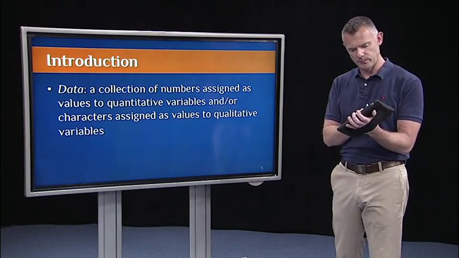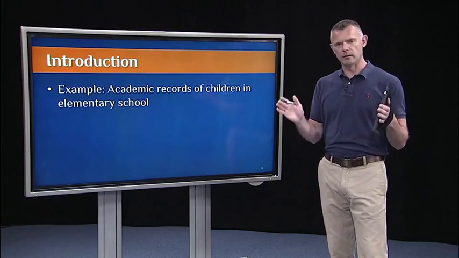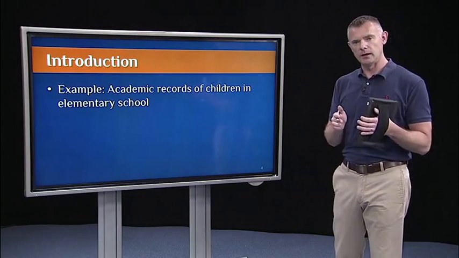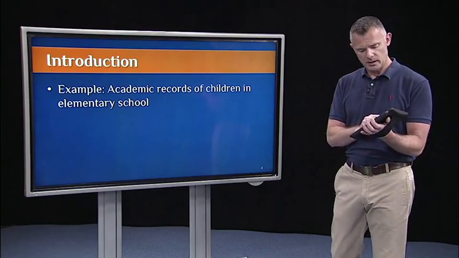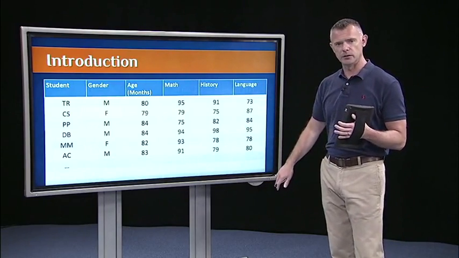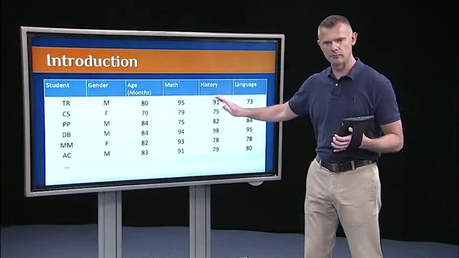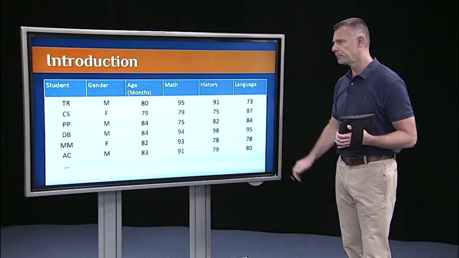Let's look at an example. So consider we have the academic record of a bunch of children in elementary school. And that might look something like this if we organized it into a spreadsheet. Think Microsoft Excel. If we're going to be using R, in R this would be called a data frame. We'll get to that in the first lab.